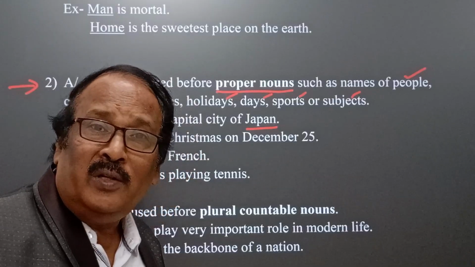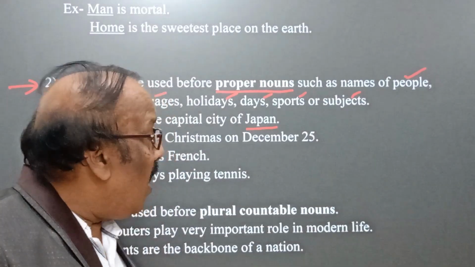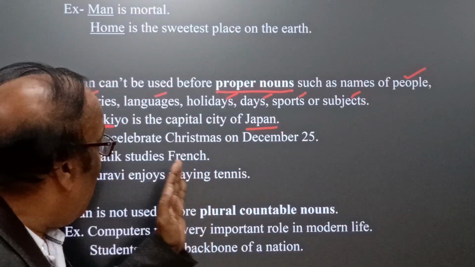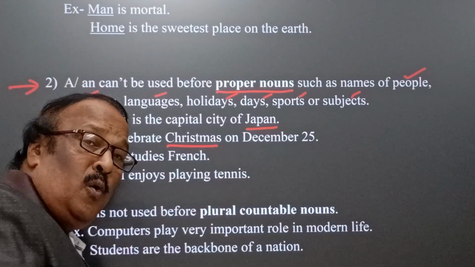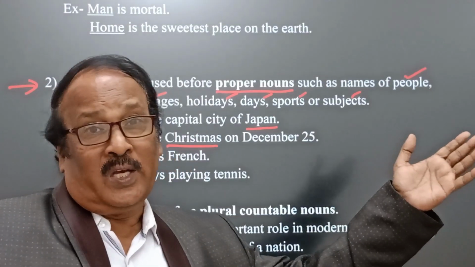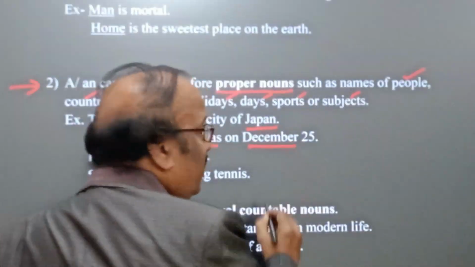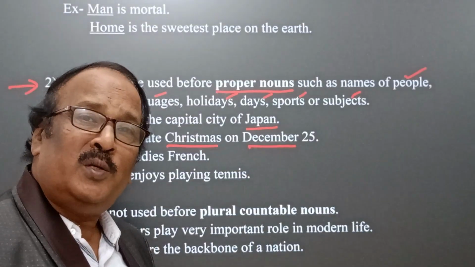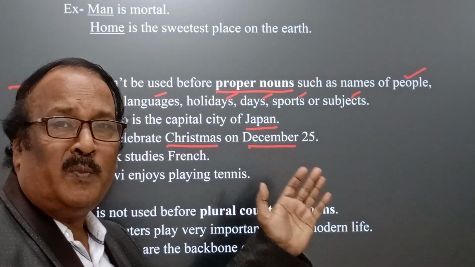As we know that Japan is a leading country of Asia, and here we find a Japan. Wrong. Again, we celebrate Christmas. We know Christmas is a festival of the Christians, and it is celebrated in December, the name of a month, and that's why we cannot use a December, a Christmas.